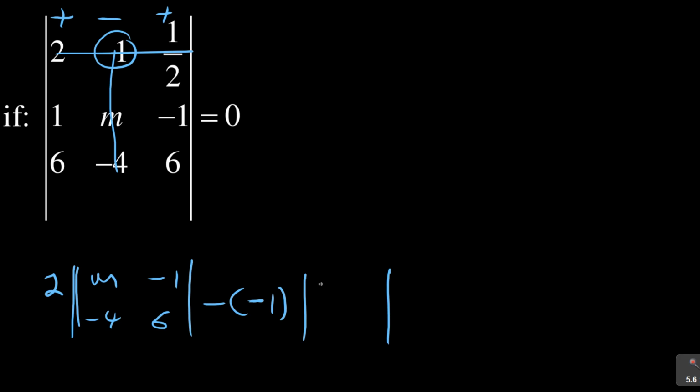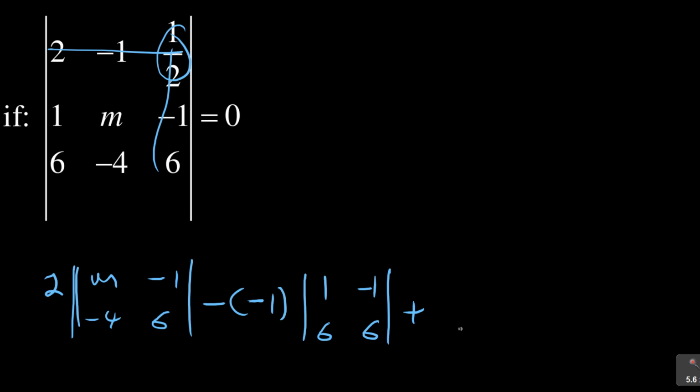I have got here 1, 6, minus 1, 6. And then after that again, I have plus. This time it's plus that one, which is 1 over 2. And then I've got 1, 6, m minus 4.